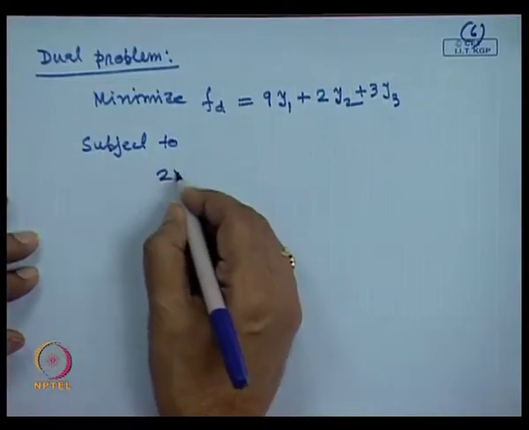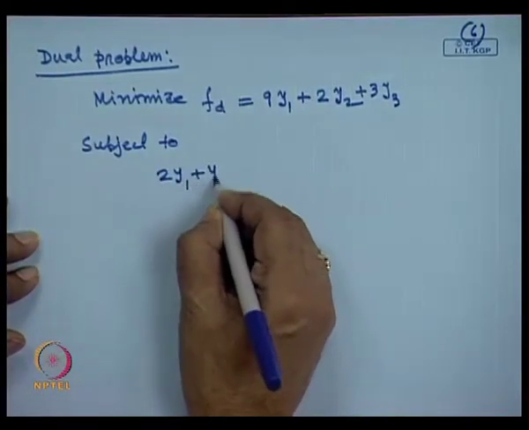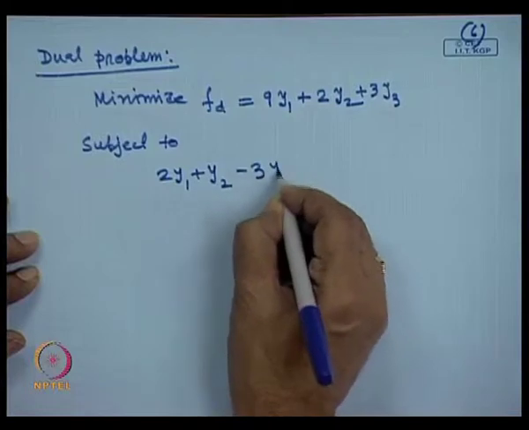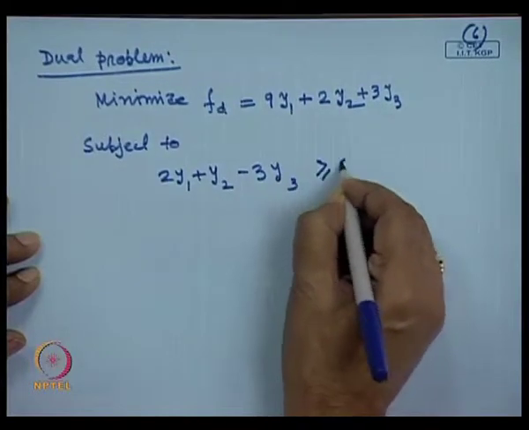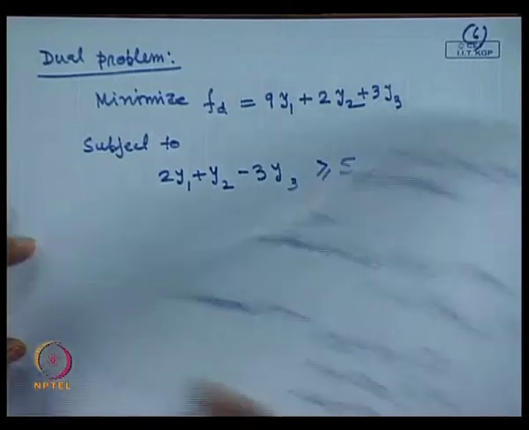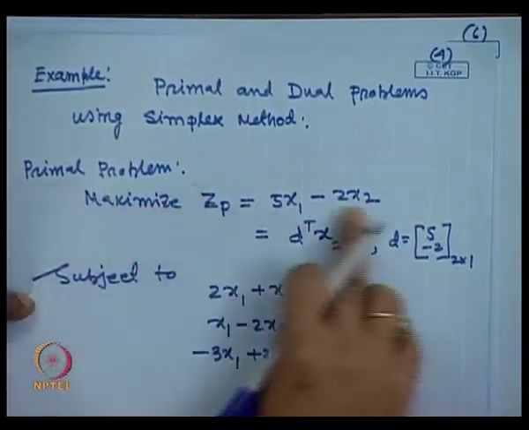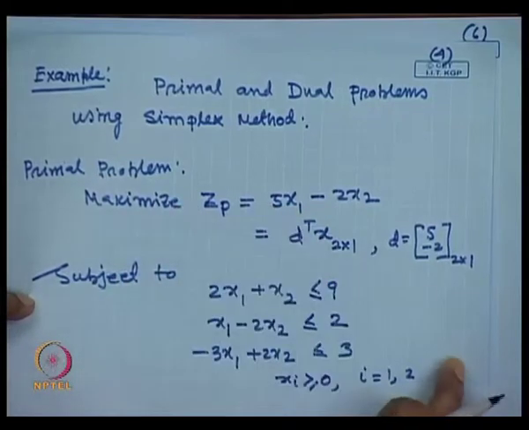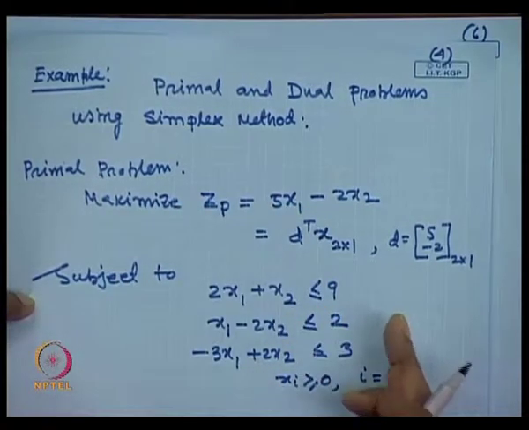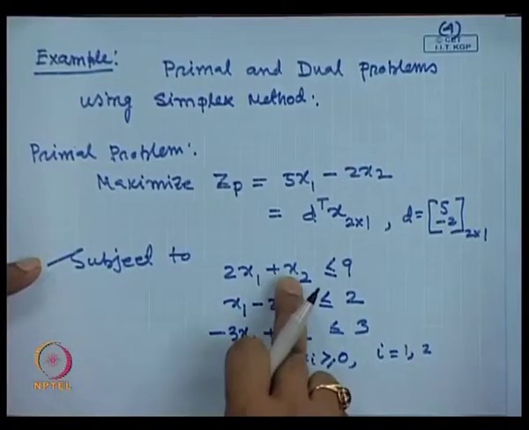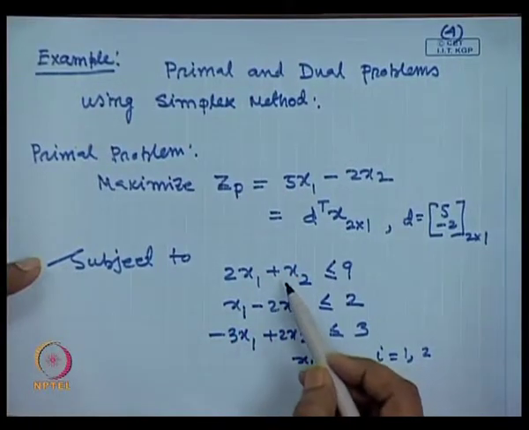So, 2 y1 plus y2 minus 3 y3 is greater than or equal to 5. All the coefficients of the standard LP problem, the standard primal problem, will come on the right hand side of the inequality constraints of the dual problem. Agree?